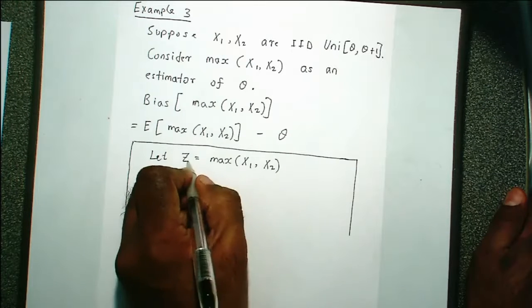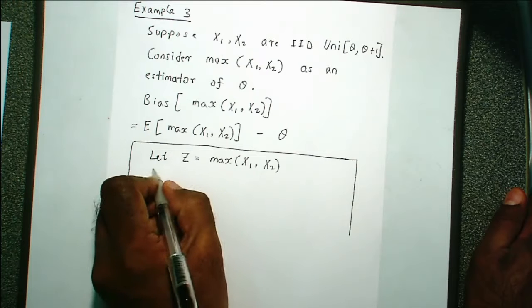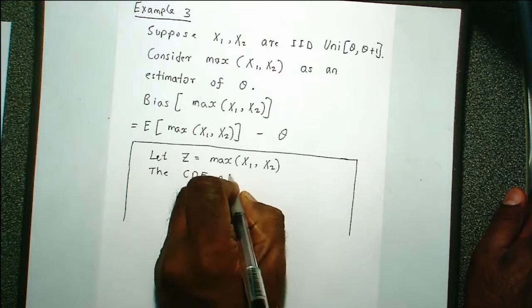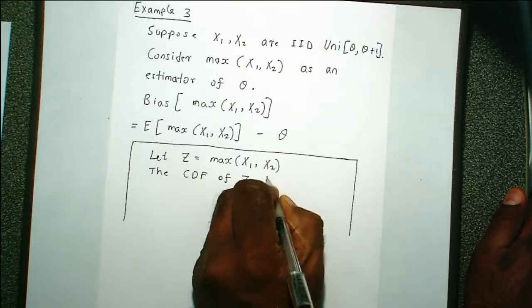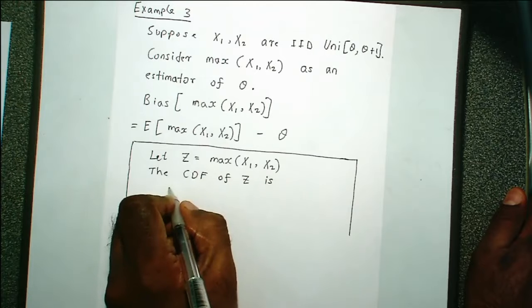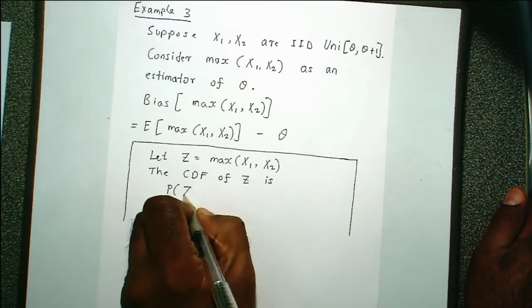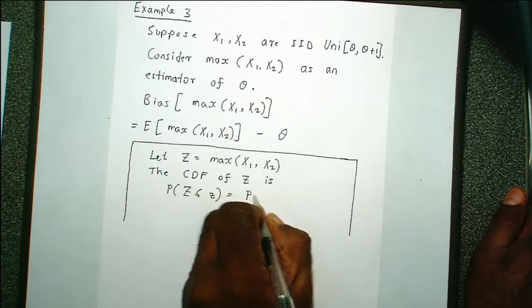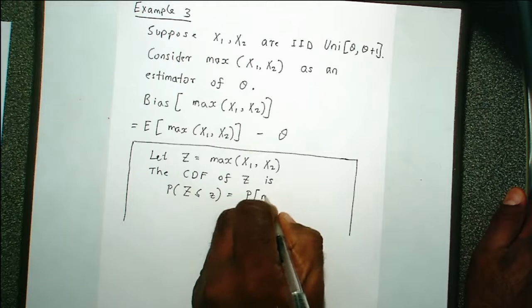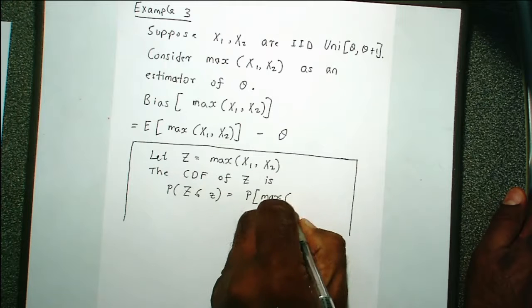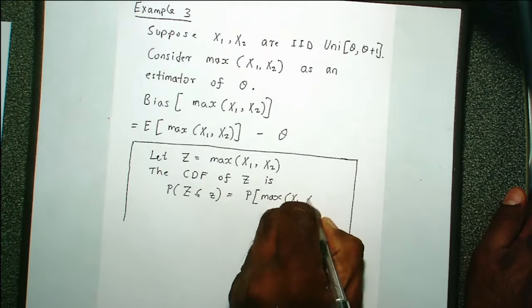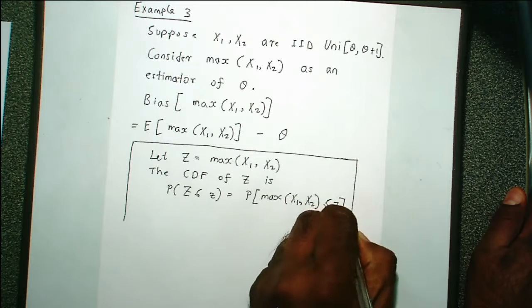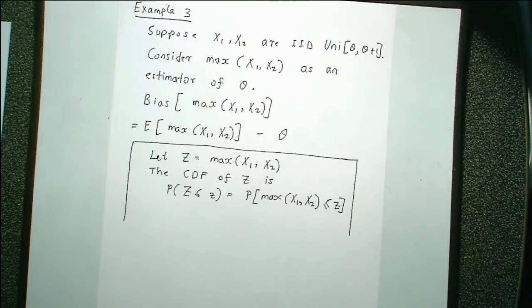So let Z equal to this. Then the CDF is equal to this, right?